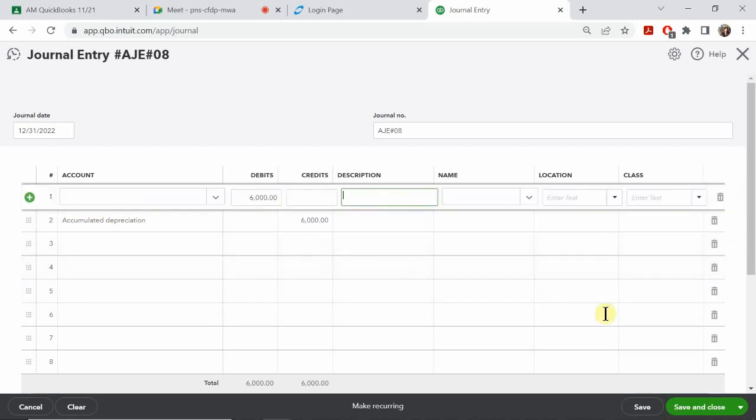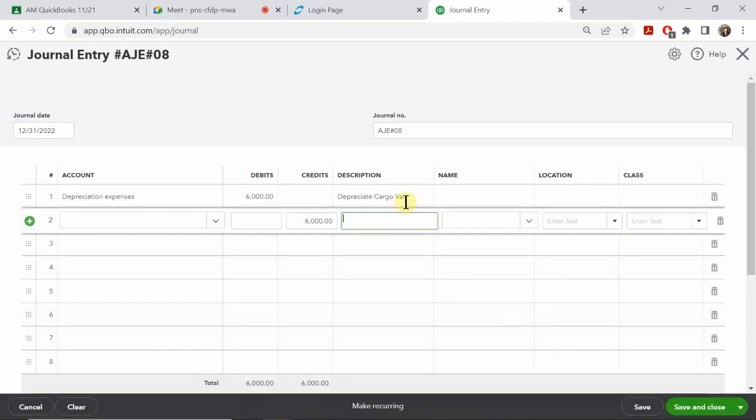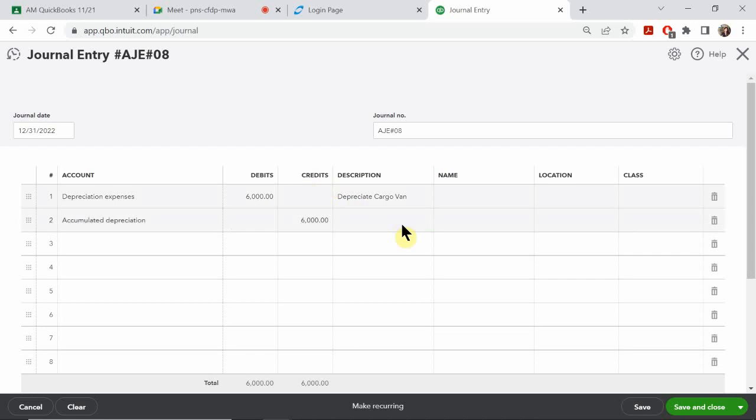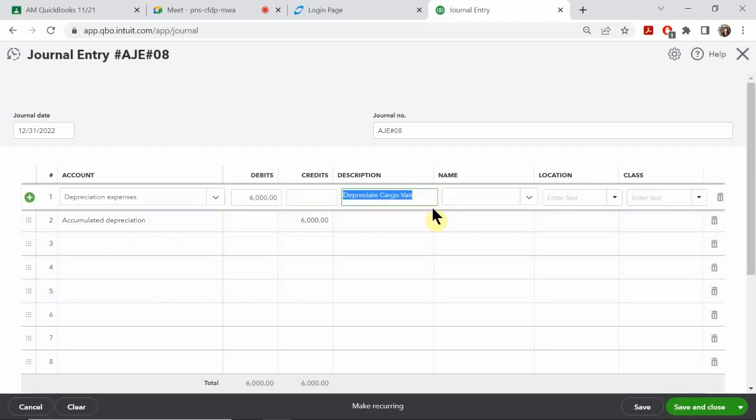And what you're going to do here is depreciate cargo van. Now, if you want to create a separate sub account under there specifically for the cargo van, you can go ahead and do so.